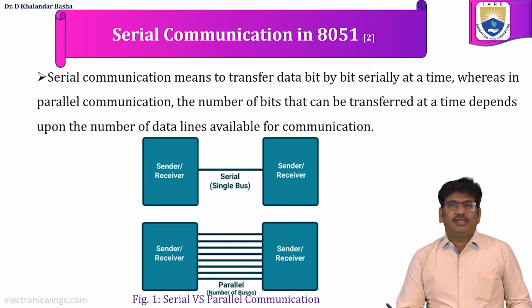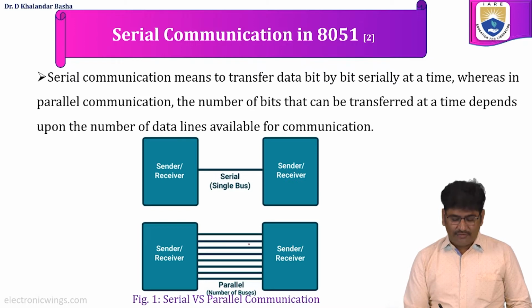Serial communication means to transfer data bit by bit serially at a time, whereas in parallel communication, the number of bits that can be transferred at a time depends upon the number of data lines available for communication.